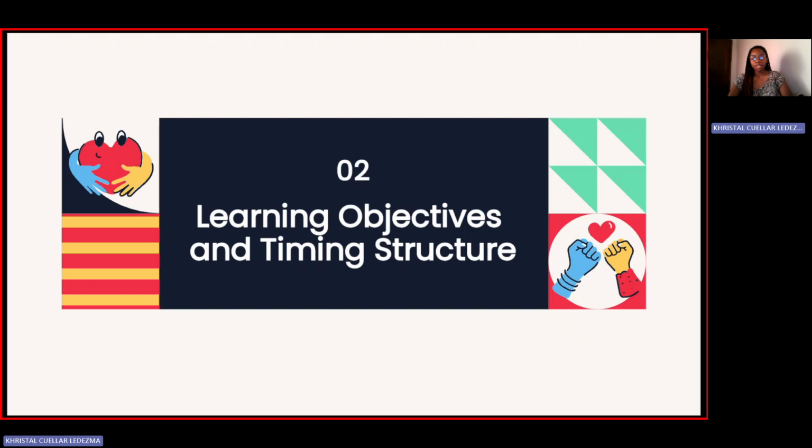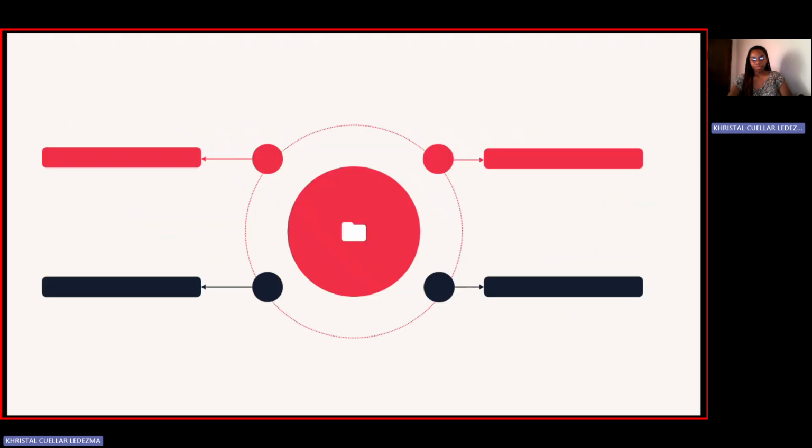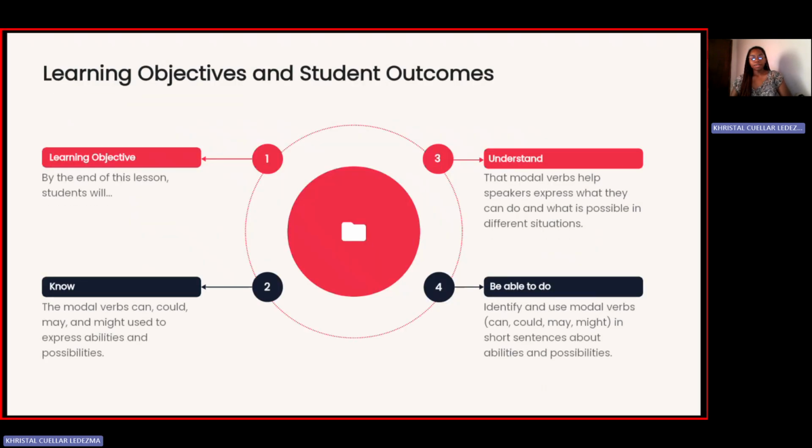Learning objectives and timing structure. Learning objective and student outcomes. The learning objective for this lesson is that by the end of the lesson, students will know the modal verbs can, could, may, and might used to express abilities and possibilities.